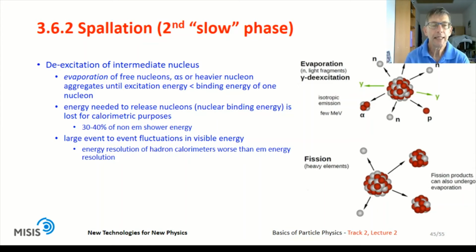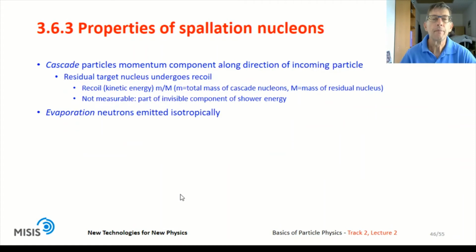And the energy that's needed to release these nucleons is lost for calorimetric purposes. This is about 30 to 40% of the non-electromagnetic shower energy altogether. Now, the large event-to-event fluctuations in visible energy account for a worse energy resolution for hadronic calorimeters if you compare it to the electromagnetic resolution.